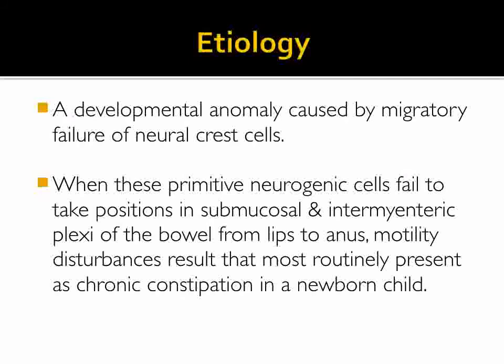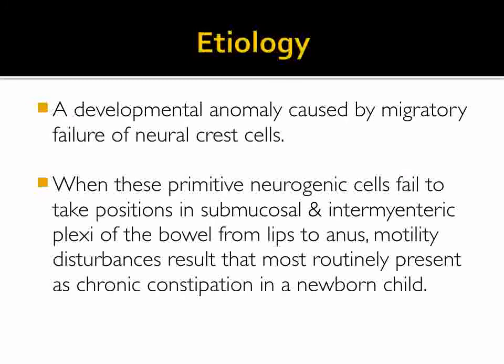So Hirschsprung disease is a developmental anomaly caused by migratory failure of the neural crest cells. When these primitive neurogenic cells fail to take position in the submucosal and intermyenteric plexus of the bowel from the lip to the anus, motility disturbance results that most routinely presents as chronic constipation in a newborn child.